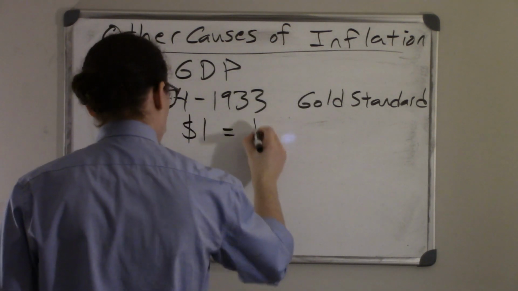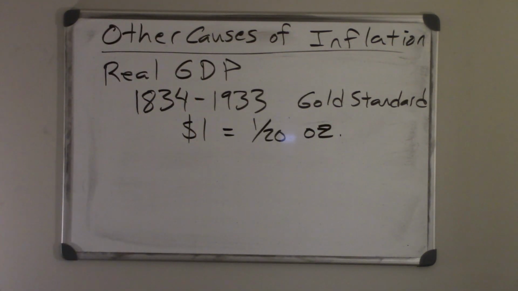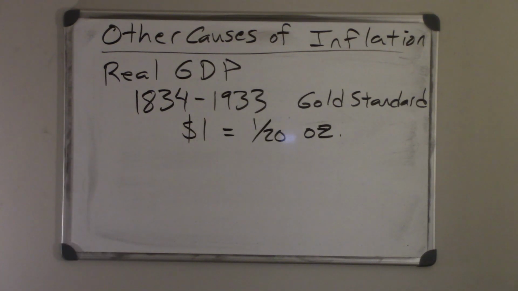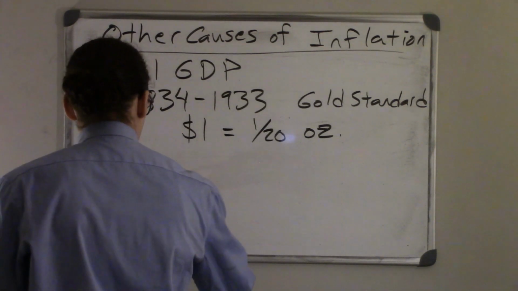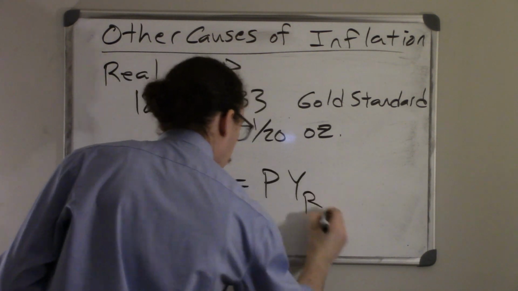In fact, $1 equaled 1/20th of an ounce of gold. Because of this, the money supply was fixed relative to the amount of gold that the U.S. government had. And the velocity of money also remained pretty fixed.